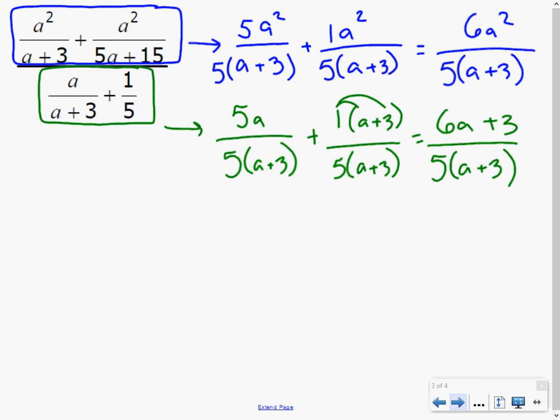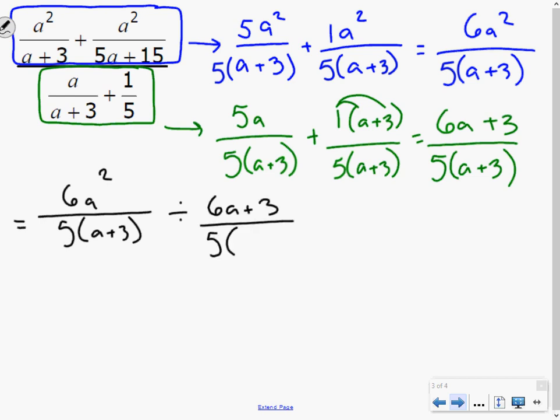So we've done the legwork here, right? Let's piece it back together. So what we really have is 6a squared over 5 times a plus 3, and that's being divided by 6a plus 3 over 5 times a plus 3. So now we'll change it to multiplication by the reciprocal.